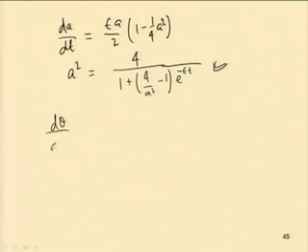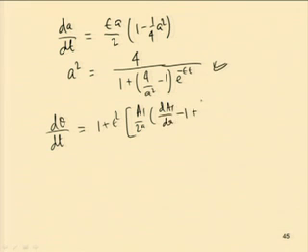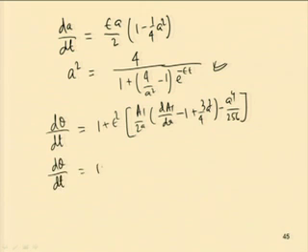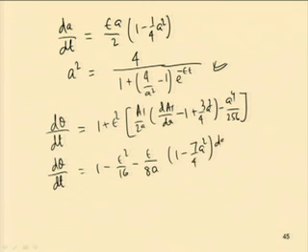Similarly, writing d theta by dt, we can write this is equal to 1 plus epsilon squared into A1 by 2A into dA1 by dA minus 1 plus 3 by 4 A squared minus A to the power 4 by 256. So, from this we can write d theta by dt will be equal to 1 minus epsilon squared by 16 minus epsilon by 8A into 1 minus 7 by 4 A squared into dA by dt.